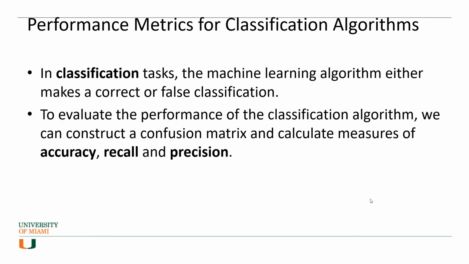So in classification, the machine learning algorithm either makes a correct or false classification, and therefore, based on the performance of the classification algorithm, we can create a confusion matrix and calculate measures of accuracy, recall, and precision.